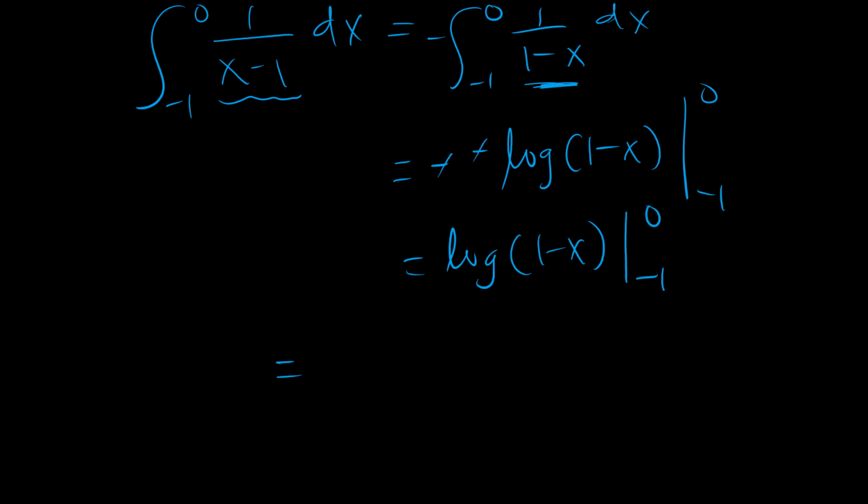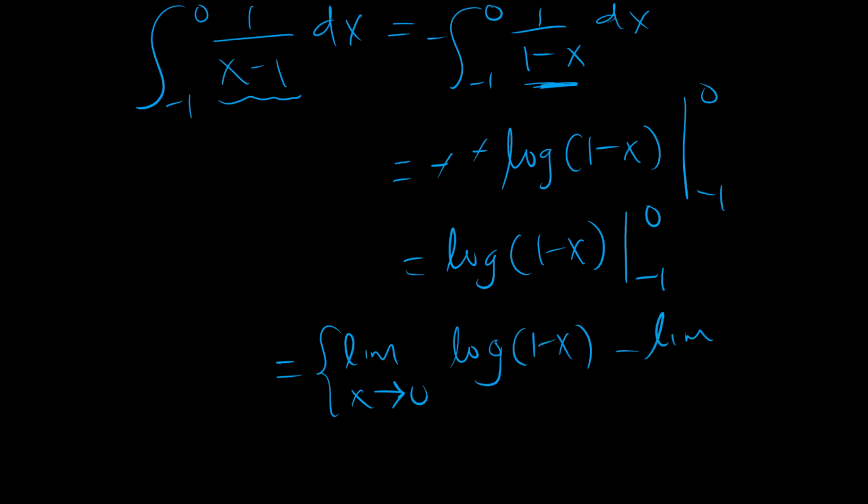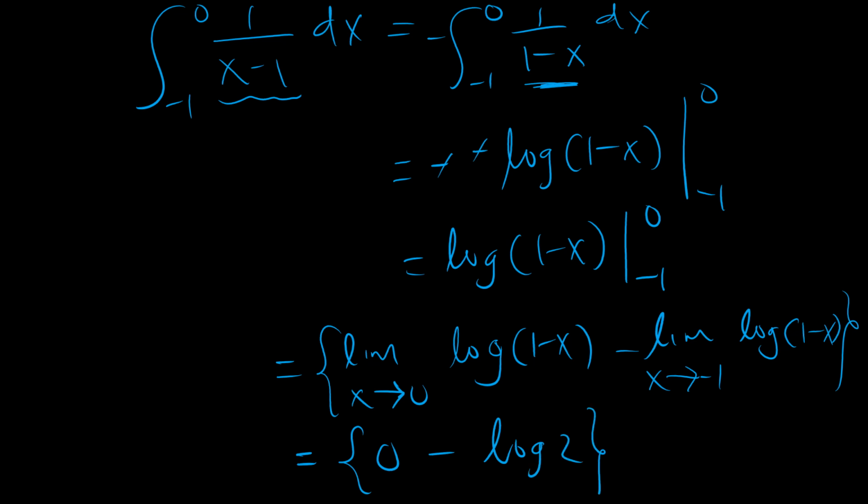So this becomes the limit as x tends to 0 of log of 1 minus x, minus the limit as x tends to -1 of log of 1 minus x. As x tends to 0, we have log of 1, which is 0, minus, as x tends to -1, log of 1 minus -1, which is log of 2, which is equal to negative log 2.